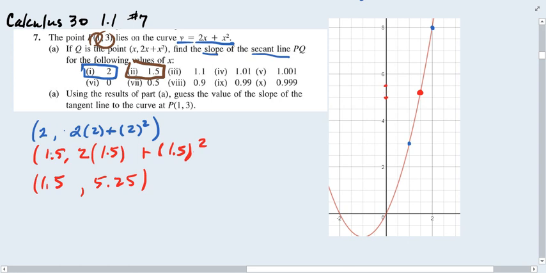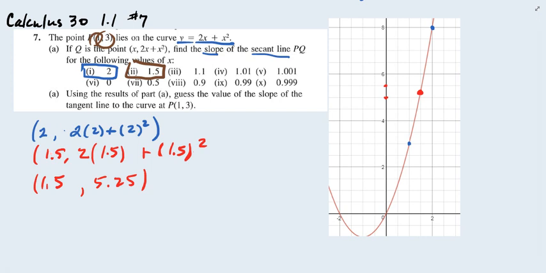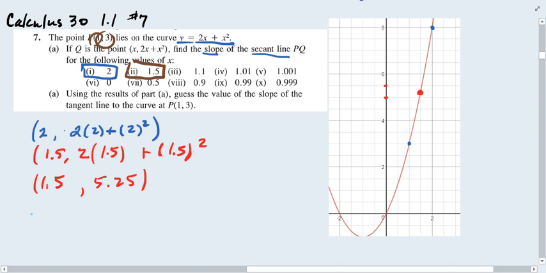We going good here? I'm going a little fast here. Are you picking this up? You might be writing rather quickly, but as long as you're understanding, that's my big thing. So what's the slope now between this one and this one? Well, our y2 is 5.25 minus 3 on top, and the x is 1.5 minus 1.